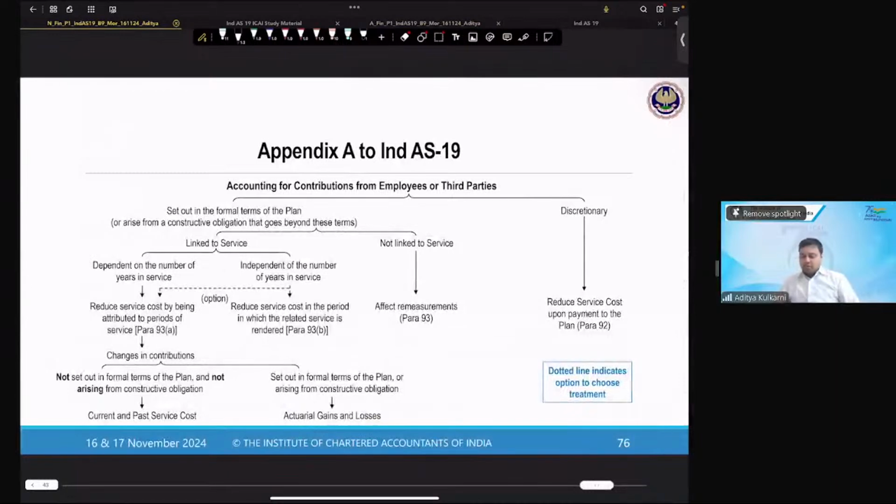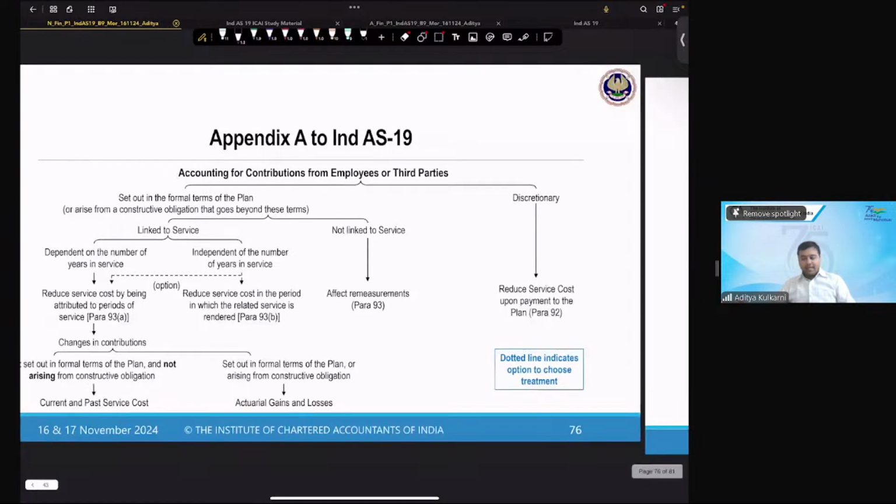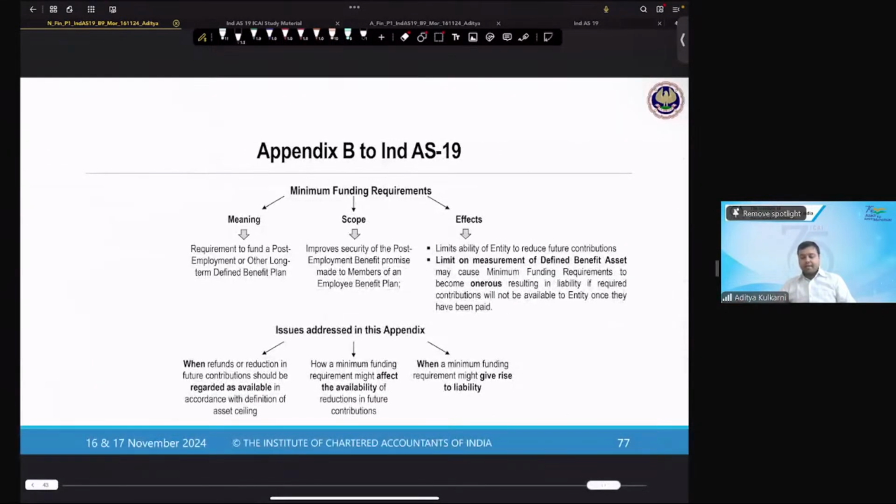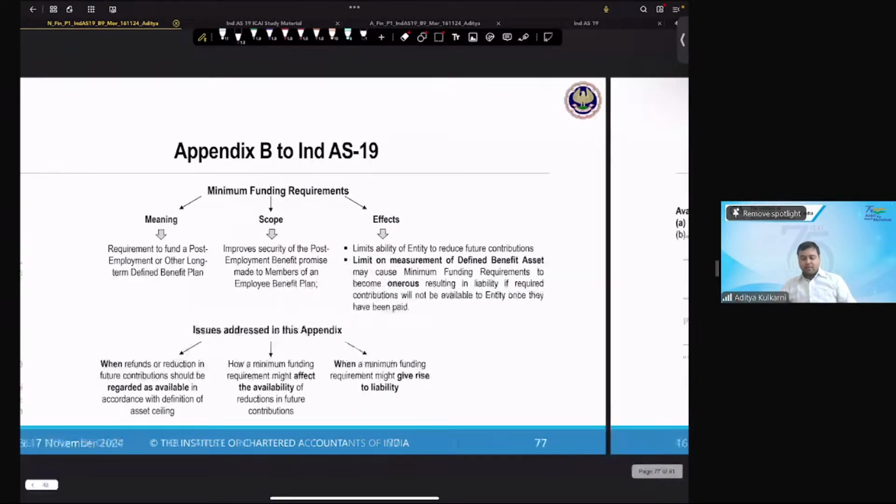So termination benefits are also done and taken care of. Okay. Now, Appendix A, accounting for contributions from employees or third parties. Okay. Go through this. It is theory. Don't focus on this to a great extent because questions don't come on it. Okay. Appendix A, Appendix B, minimum funding requirements. Okay.